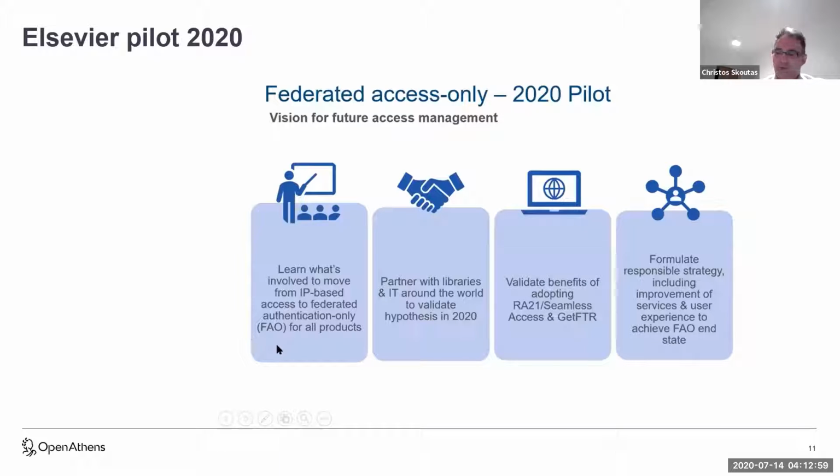It's very informative, and it shows that publishers nowadays are exploring ways to move away from IP and adopt that federated access method, which is much more secure for publishers, libraries, and end users, pretty much everybody.